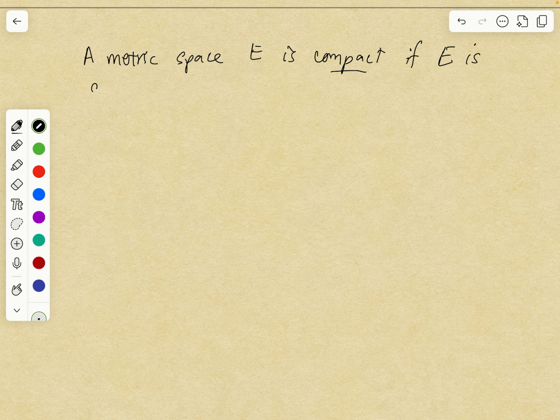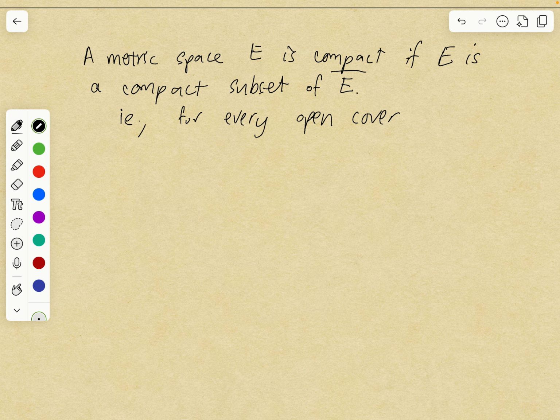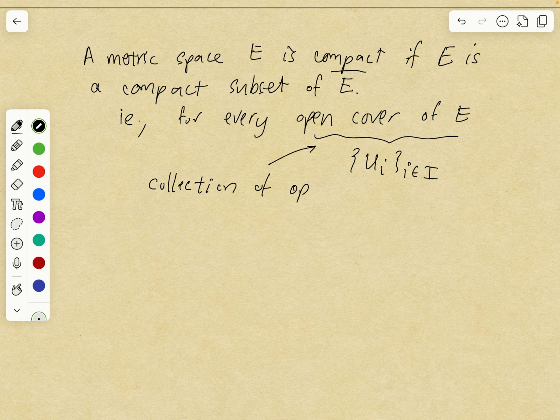If E is a compact subset of the metric space E. In other words, what this is saying is that for every open cover of E, so an open cover of E means a collection of subsets of E, so this would be a collection of open subsets, but in this case, we don't have a proper subset of E. The set is just E, so it's a collection of open subsets of E such that E is equal to the union of the UIs.